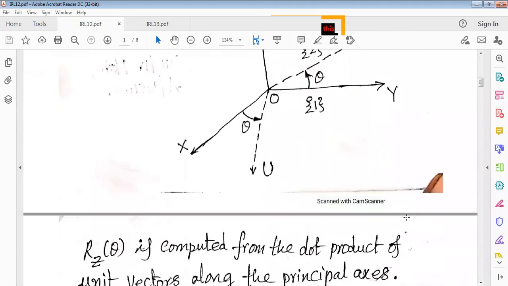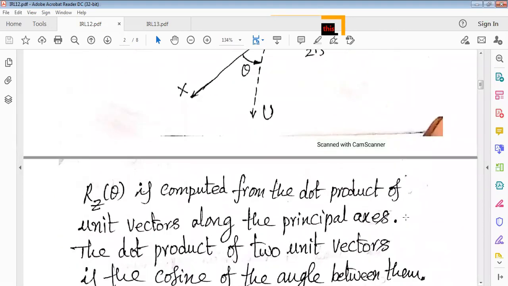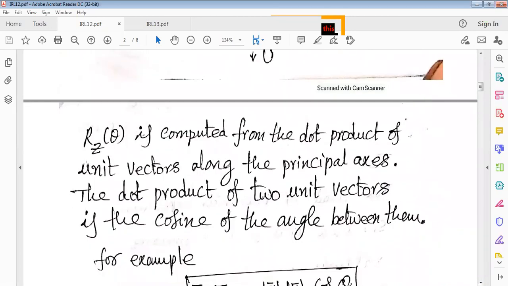Let us see how to write the rotation matrix for this example. R suffix Z of theta is computed from the dot product of the unit vectors along the principal axes, that is x bar, u bar.